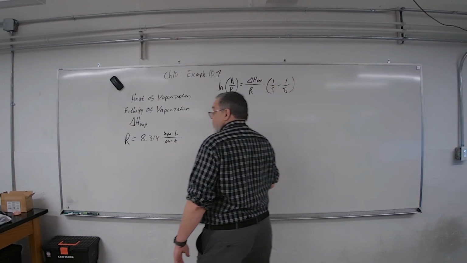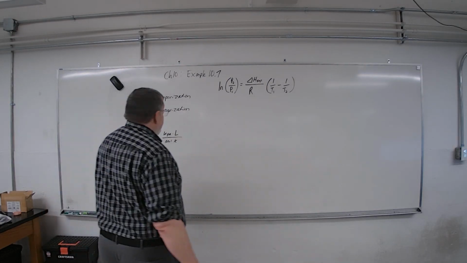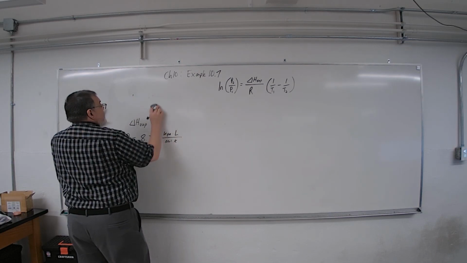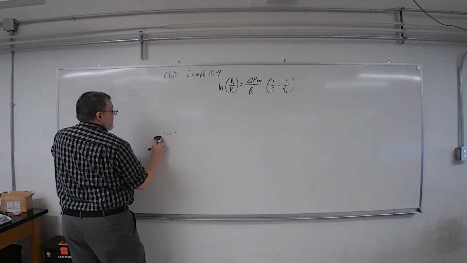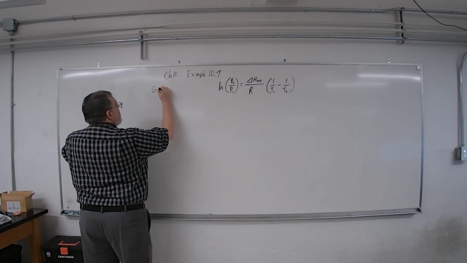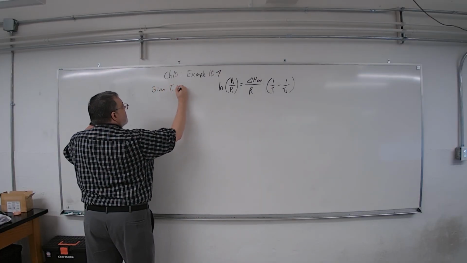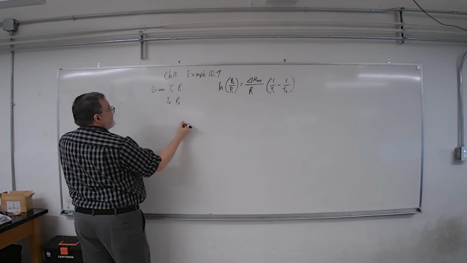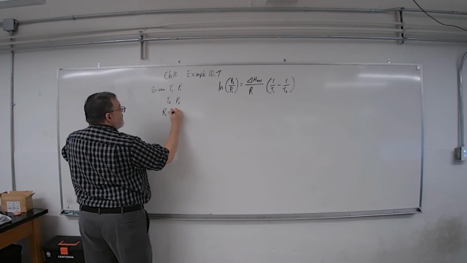I'm happy to give you this equation rather than have you memorize it. But this problem I'm about to show you, you're given a T1 and a P1, a T2 and a P2. I'll give you R as well.